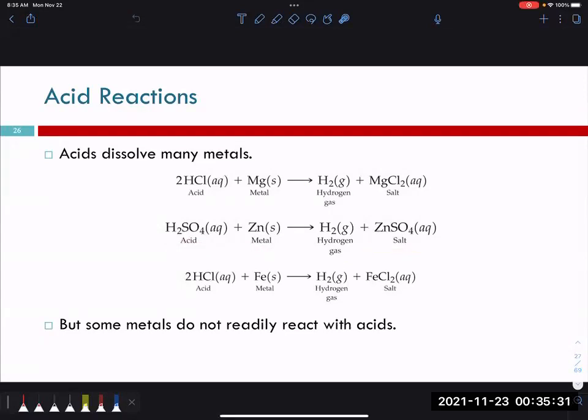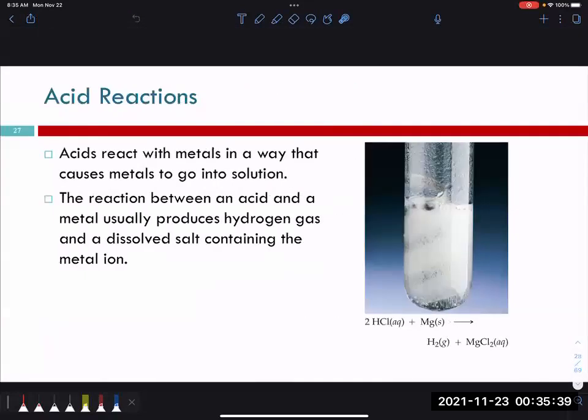But not all metals react with acids. These are just some examples. Acids react with metals in a way that causes metals to go into solution. So they dissolve. After the reaction's over, they'll be gone. The reaction between an acid and a metal usually produces hydrogen gas and a dissolved salt containing the metal ion.